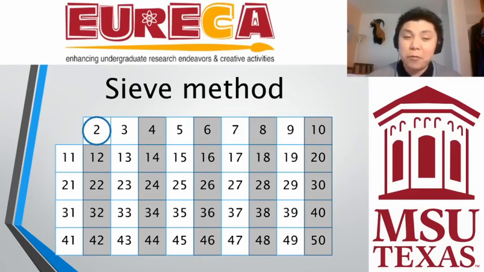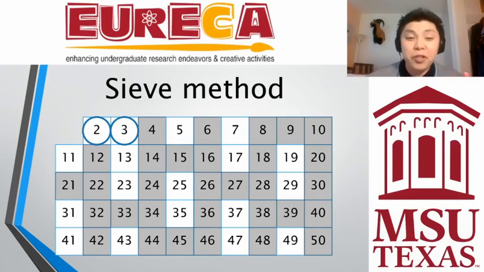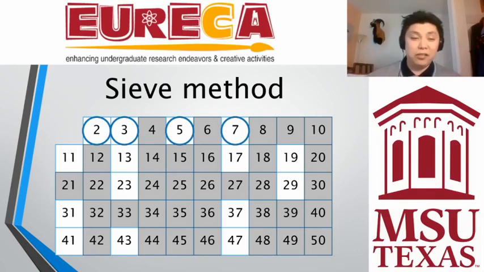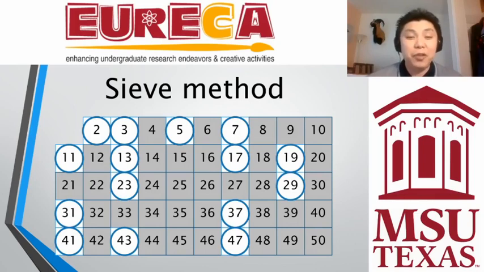The next number is 3, so I'll mark 3 and remove all the multiples of 3. The next number is not 4 because 4 is already removed, so I'll mark 5 and remove all the multiples of 5. Mark 7, remove the multiples of 7, and so on and so forth. If I repeat this process, I will get all the prime numbers less than 50. And this is the Sieve of Eratosthenes.